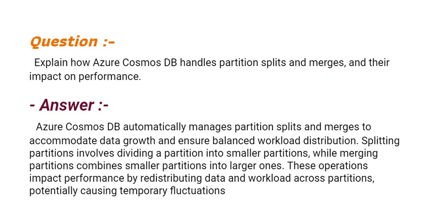Splitting partitions involves dividing a partition into smaller partitions, while merging partitions combines smaller partitions into larger ones. These operations impact performance by redistributing data and workload across partitions, potentially causing temporary fluctuations.